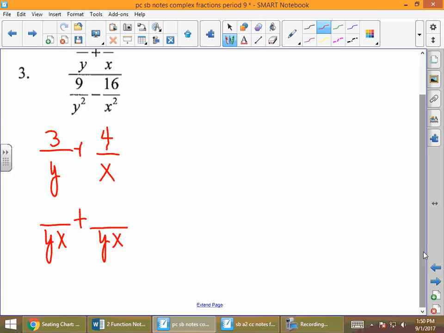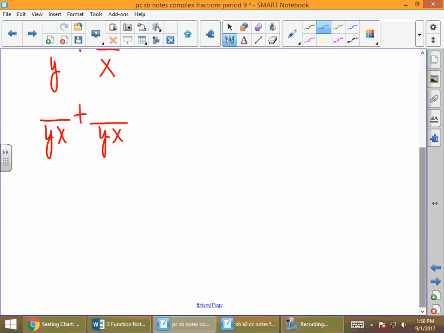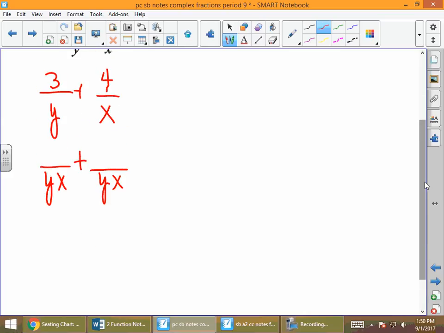Well, what did we put into this denominator that wasn't there before? We put in an x. So this is going to be 3x. Ask yourself the same kind of question over there to the right. What did we put into that denominator that wasn't there before? It's the y.